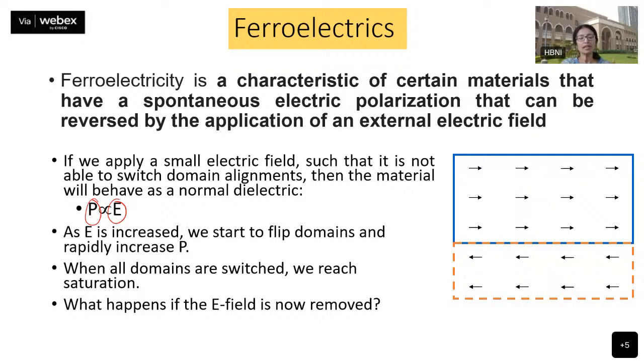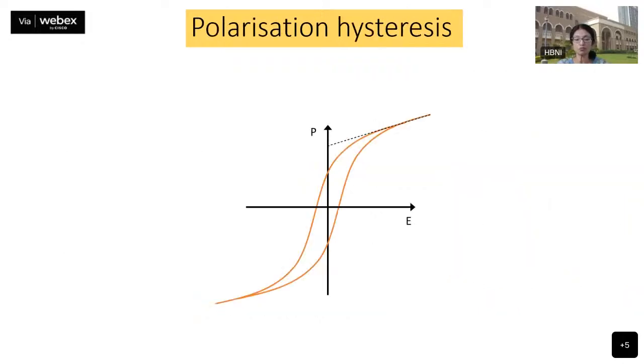But as you increase that electric field, the domains start flipping, and if they start flipping, the polarization increases. When all the domains are switched, we have reached the saturation polarization. The polarization is maximum. Now what is going to happen if that electric field is removed?